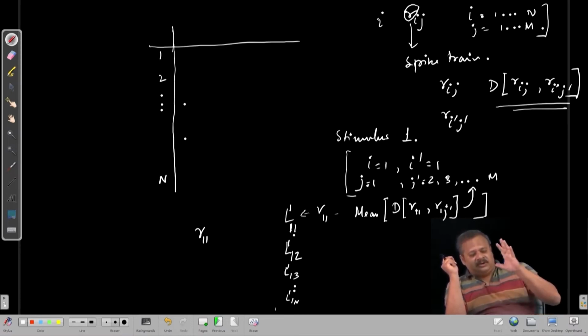It is trying to, based on the data available to it, assign a stimulus to the spike train it got.